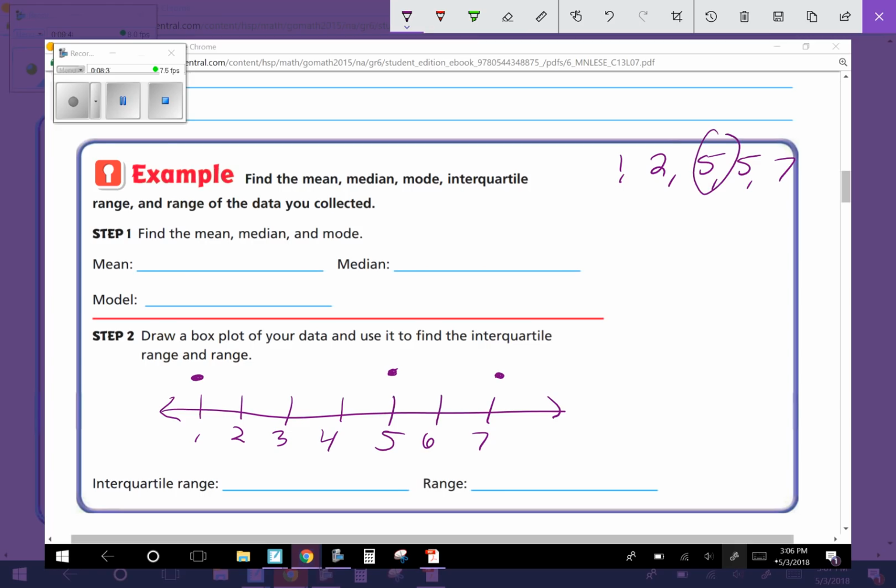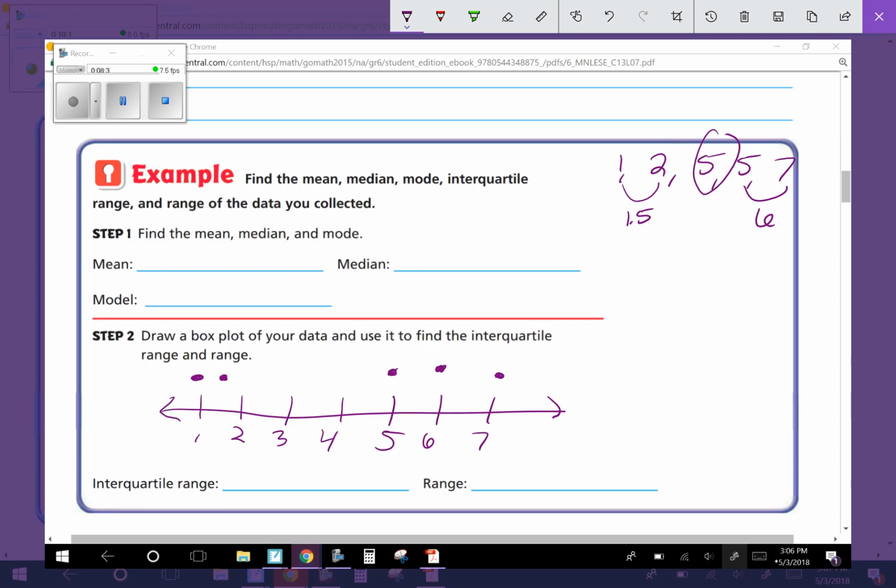Since my median was 5, this is going to be my upper and lower quartile. So 2 plus 1 is 3, divided by 2 is 1.5. That is my lower quartile. And then 5 plus 7 is 12, divided by 2 is going to be 6. So that is my upper quartile.